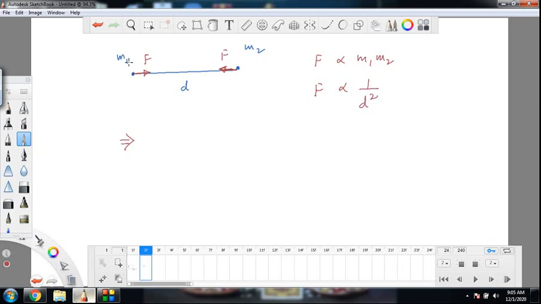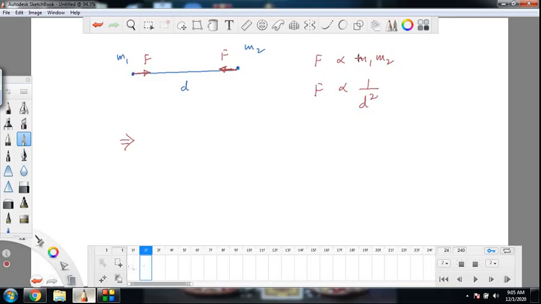The force it exerts on another particle will also increase. That is something very strange. This is what is found to be the law of nature.